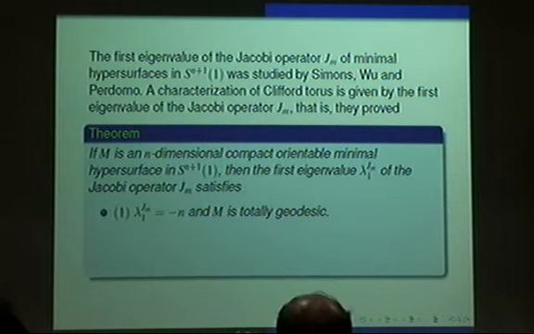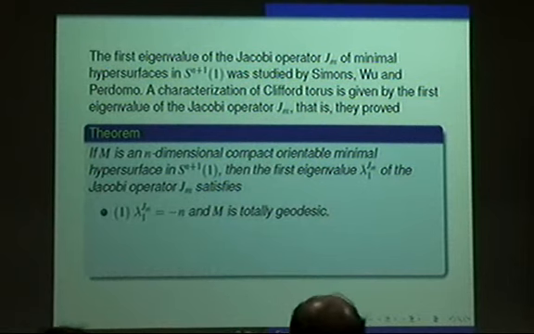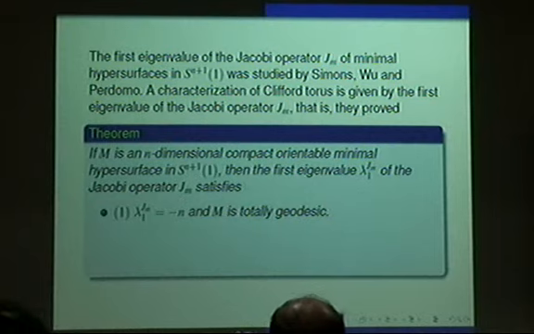They said that if M is an n-dimensional compact minimal hypersurface in a unit sphere, then the first eigenvalue of the Jacobi operator J_M satisfies these results. The first result: the first eigenvalue of the Jacobi operator J_M is equal to negative n if and only if M is totally geodesic, meaning M is a sphere.